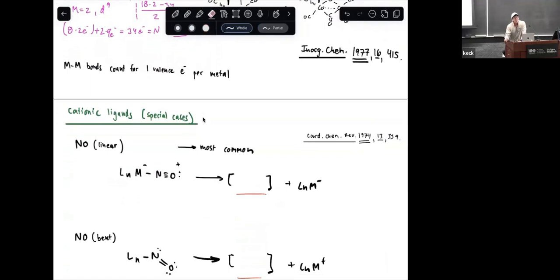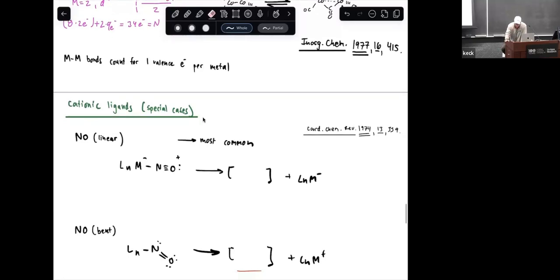People always like to have nitrosyls on exams, and I've yet to encounter a single nitrosyl in my 20 years of doing research in organometallic chemistry, but I see them on exams all the time. Why nitrosyl is an unusual little ligand is because it can have two different coordination geometries, and with the different coordination geometries you end up doing electron counting in different ways.